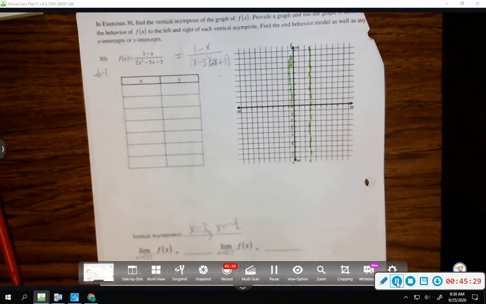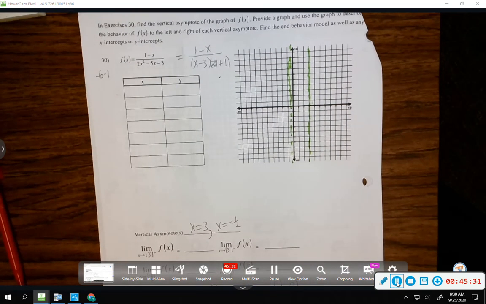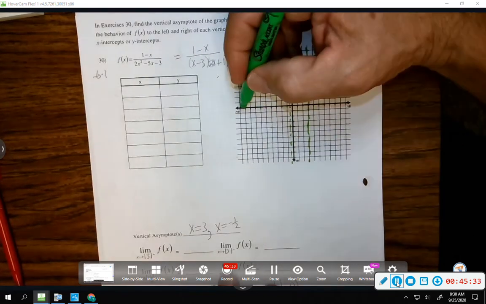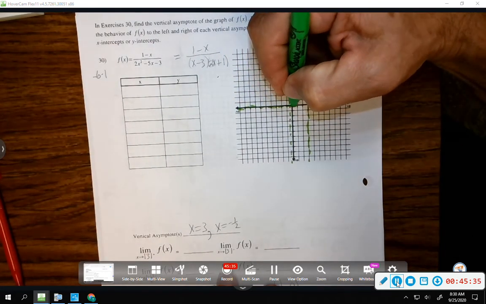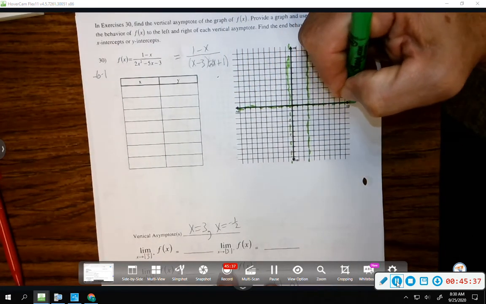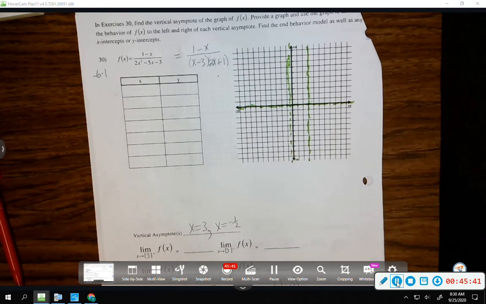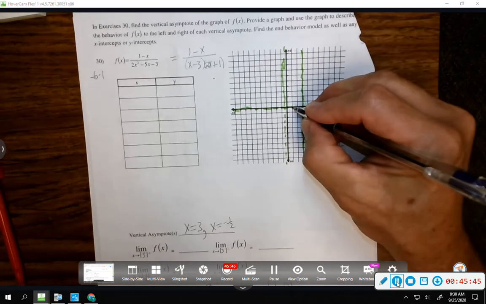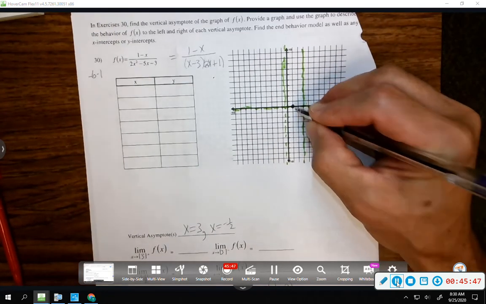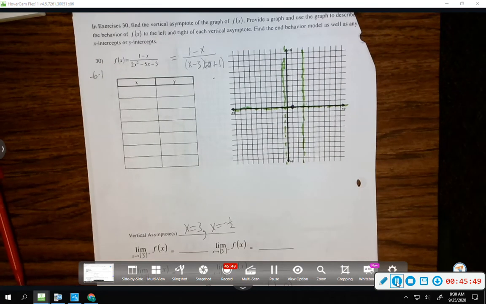What about the horizontal asymptote? We said we have a horizontal asymptote right on this. What about any intercepts? Well, this is what's interesting. We have an x-intercept right here. And that is the only x-intercept. And we have a y-intercept right here, negative 1/3.